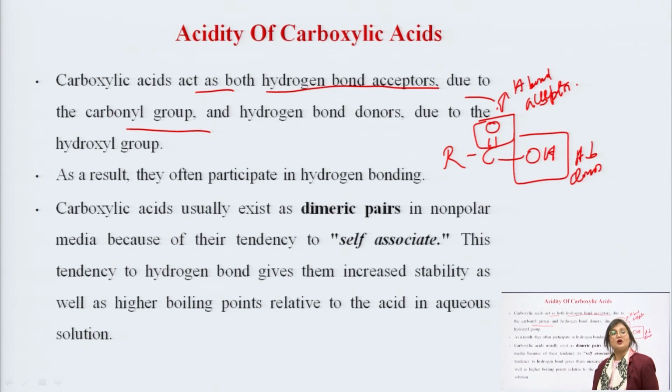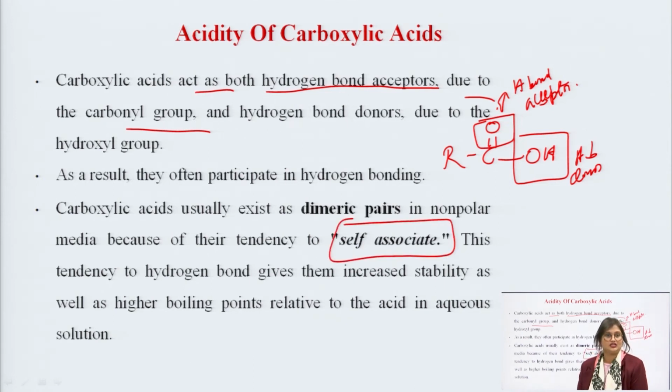This tendency to hydrogen bond gives them increased stability as well as higher boiling points relative to the acids in aqueous solution. So, this tendency of dimerization helps the carboxylic acid achieve higher boiling points in relation to the acids in aqueous solution.